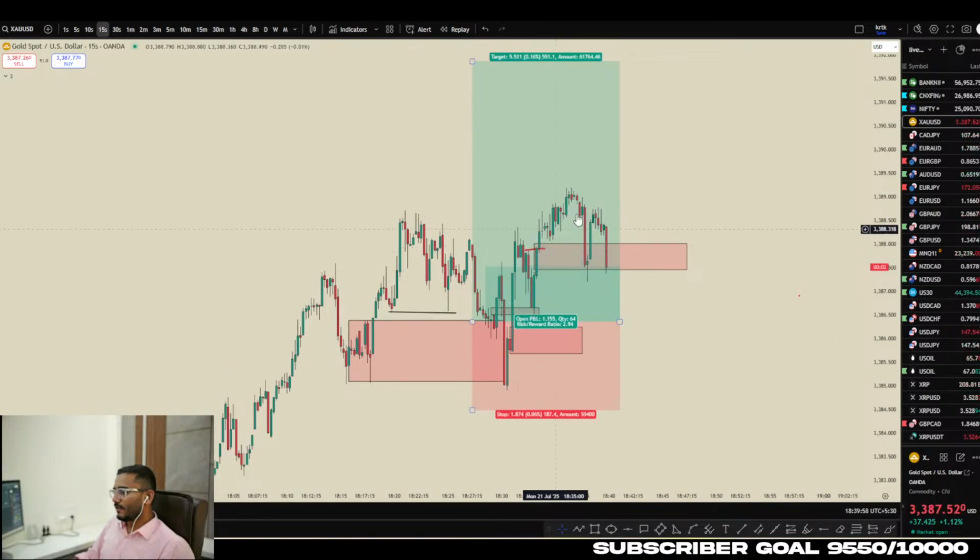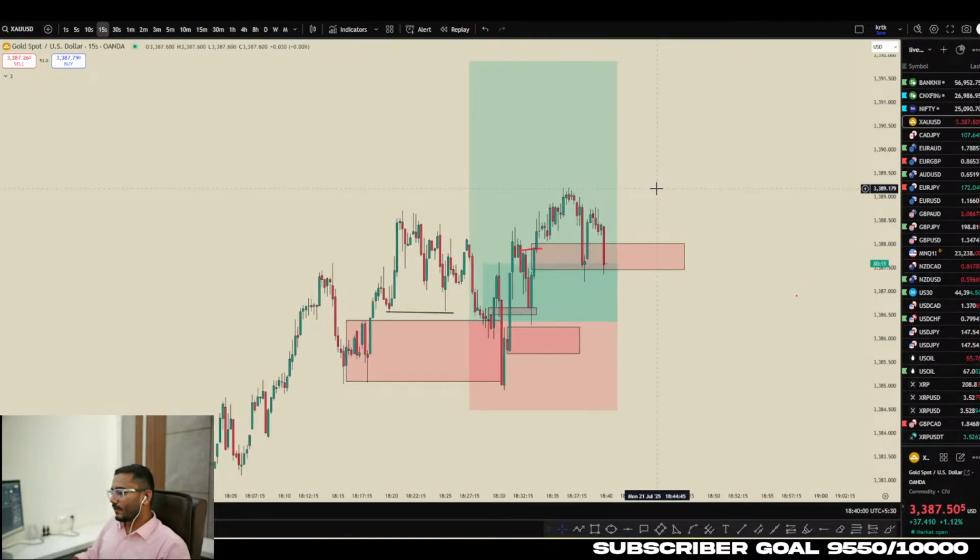And if this imbalance gets fulfilled, as I already said, if imbalances get fulfilled, probably we'll see some kind of rejection from this area. And probably it will not go in our direction.